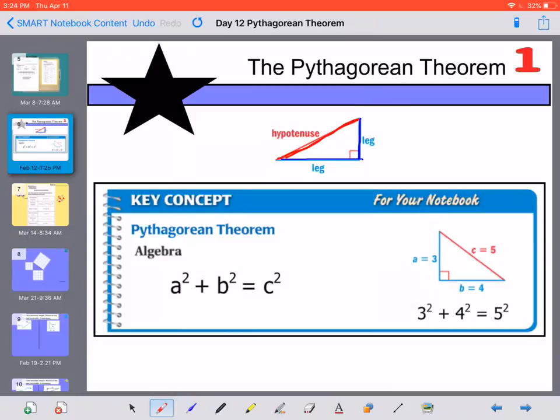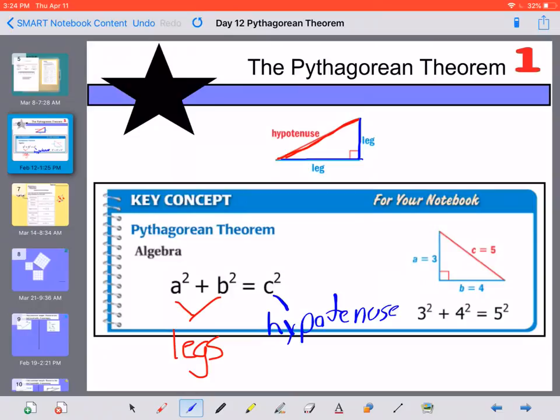So the Pythagorean theorem, well, that is a formula. A squared plus b squared equals c squared. A and b are the legs. C is the hypotenuse. So in this case over here, we have a equals 3, b equals 4.